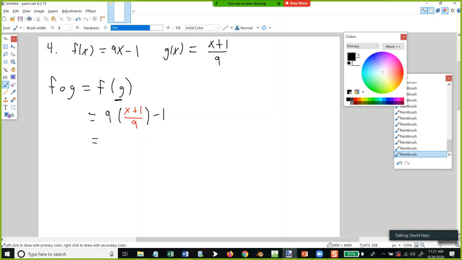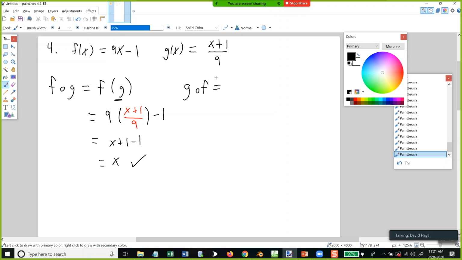Then you simplify it, and you see if it can give you x. Well, the 9's cancel, so I got x plus 1 minus 1, and then the 1's cancel, and that gives us x. So that's the first part. That's good. It should give us x, if they're inverses.